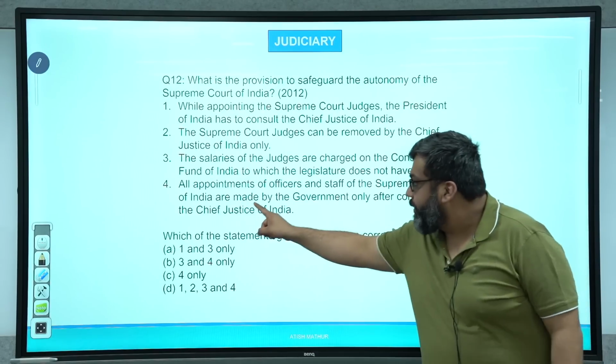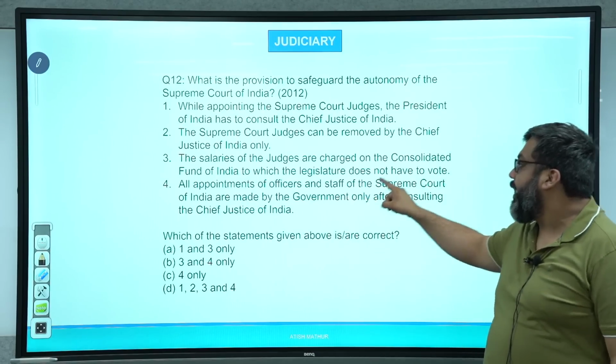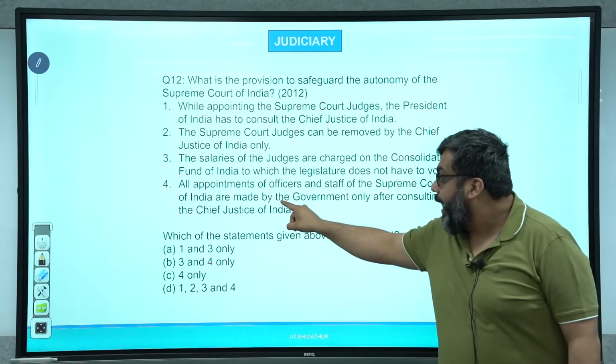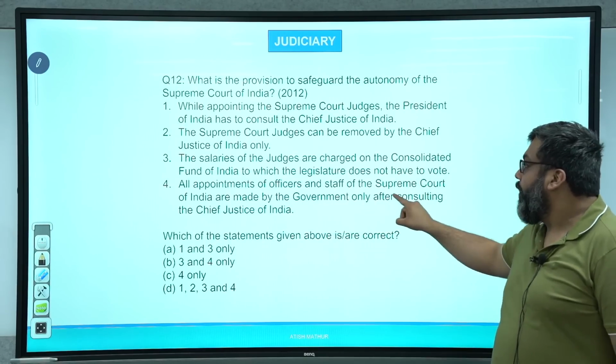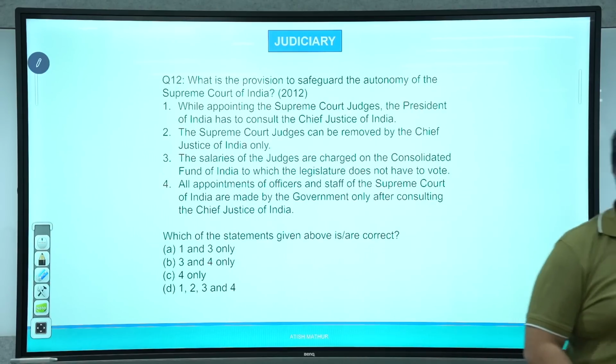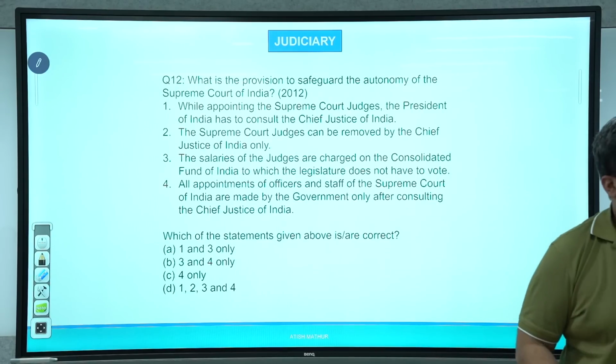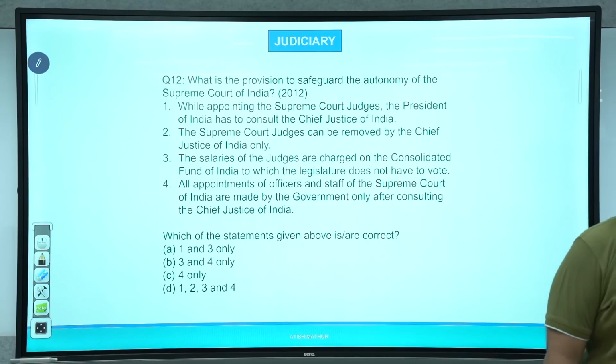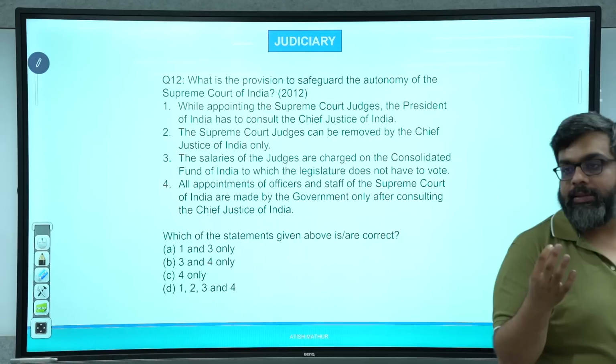All appointments of the officers and staff of the Supreme Court are made by the government only after consulting. तो अब गवर्नमेंट रजिस्ट्रार सुप्रीम कोर्ट अपॉइंट करेगा. रूल नंबर 3, सेपरेशन ऑफ पावर्स.